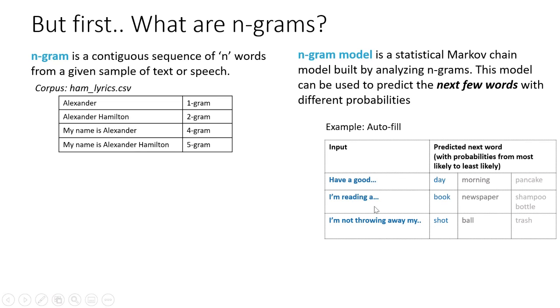An example could be if our n-grams were built on the Hamilton data set, and you type in "I'm not throwing away," the model might return "shot" as the next word with the highest probability, or it could be ball or trash.